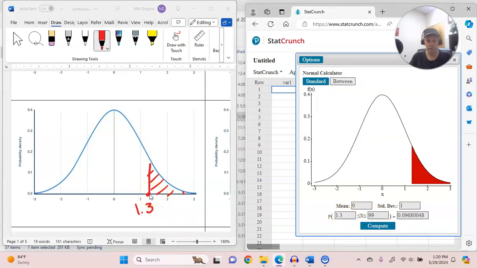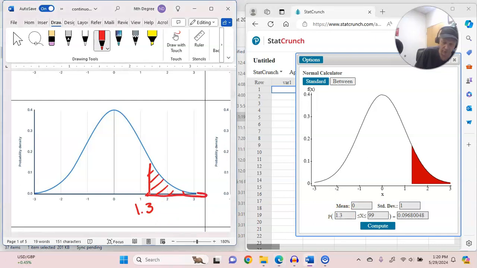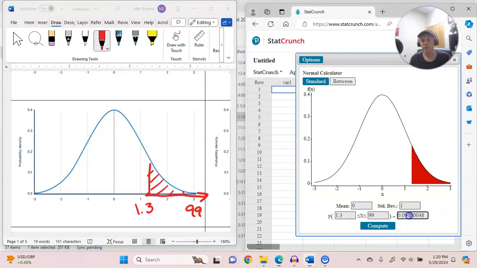We're looking for the area between a z-score of 1.3 and infinity. And that would also give us the same percentage. So we have a choice. We can either use the z-score on the standard curve, or we can use the raw score, in which case we'd have to type in the mean and standard deviation up here. We get the same answer either way.